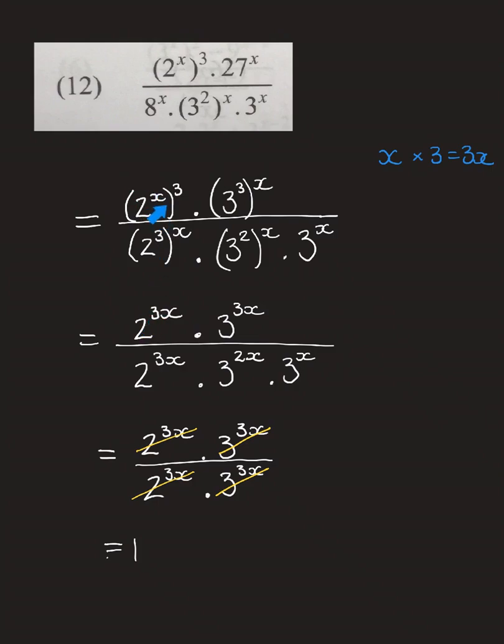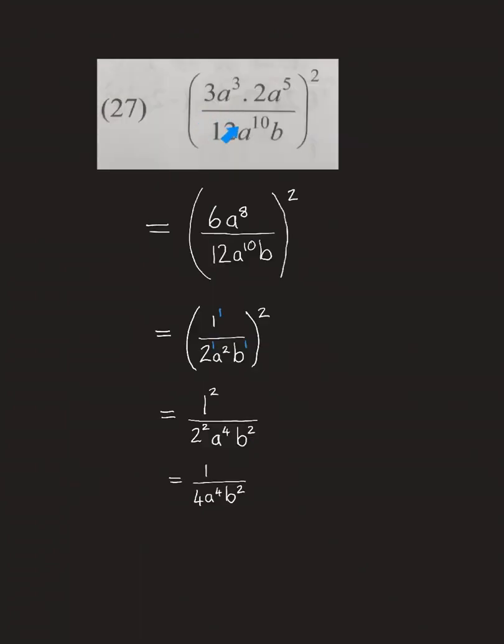So x was on the inside of the brackets. 3 is the exponent on the outside of the brackets. X times by 3 gives us 3x. And that's what I've done both in the numerator and the denominator. I then simplified the fraction as much as possible, and I was able to see that things are just going to cancel out nicely. We really like nice answers, and that doesn't mean that you're always going to have nice answers, but we prefer them because they're pretty.